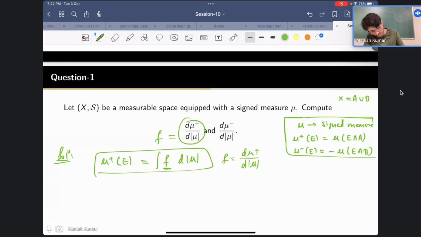This is what I mentioned earlier, that this is what the Radon-Nikodym derivative is: if you get some function f such that mu plus of E is equal to the integral of f d mod mu, then f is d mu plus by d mod mu. So this is the derivative. You have to find what this f is. So the question is, find f.